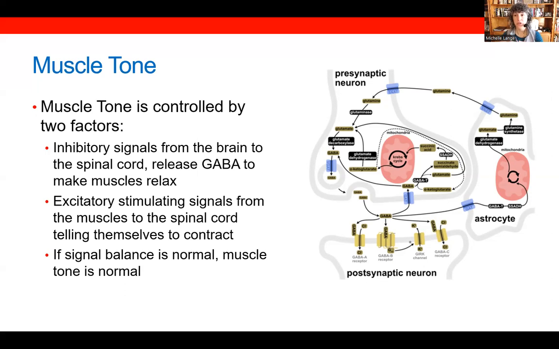So it inhibits muscle tone, muscle activation from the central nervous system. There's then excitatory stimulating signals that come from the muscles themselves, and these travel up the spinal cord and tell the muscles to contract. So if the balance between these 2, between the muscles and the brain and spinal column, are normal, then muscle tone is normal.